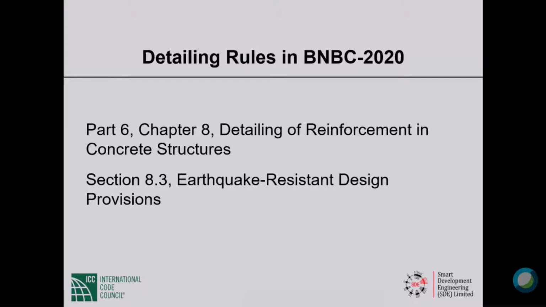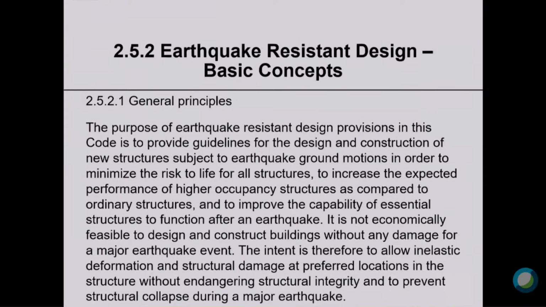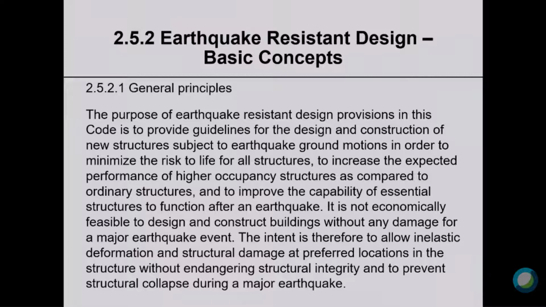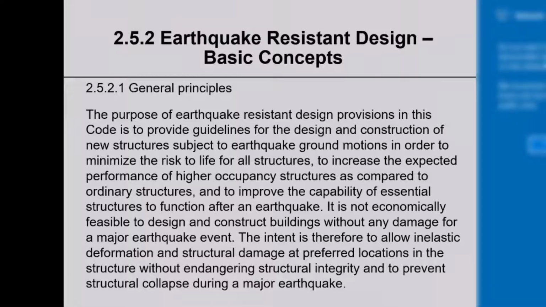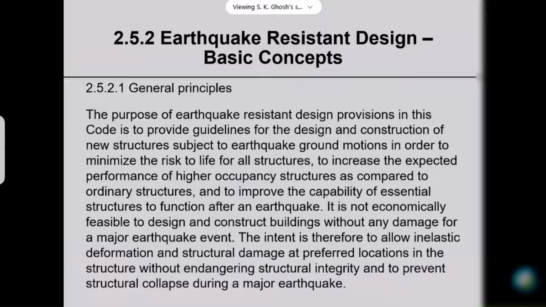That's where the seismic detailing requirements of BNBC 2020 are given, and we will go there. The purpose of the provisions in this code is to provide guidelines for the design and construction of new structures subject to earthquake ground motions in order to minimize the, okay, we'll come to that later.